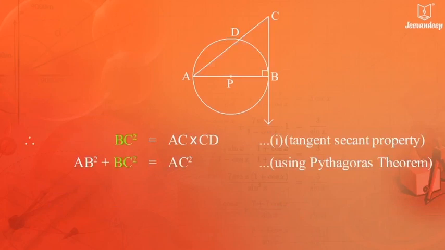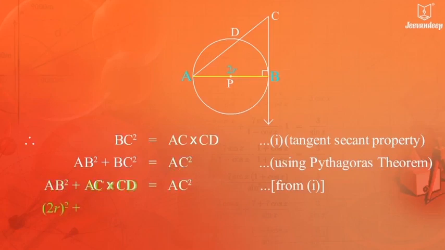Replacing BC square with AC multiplied by CD from equation 1, we get AB square plus AC multiplied by CD equals AC square. Replacing AB with 2R, we get 2R square plus AC multiplied by CD equals AC square.